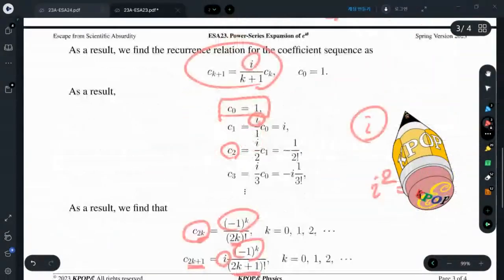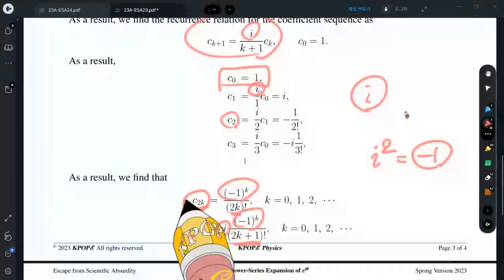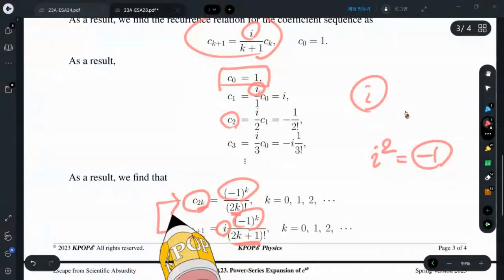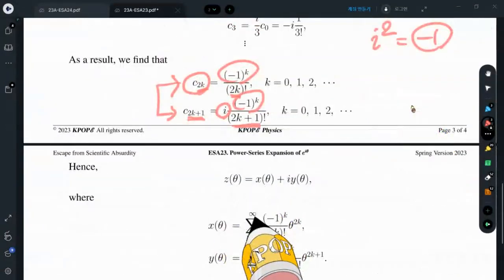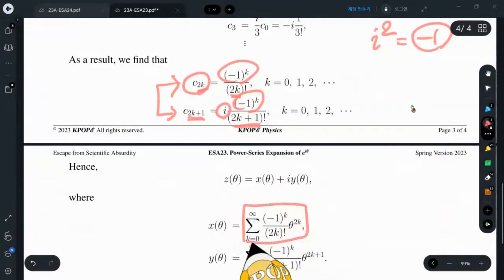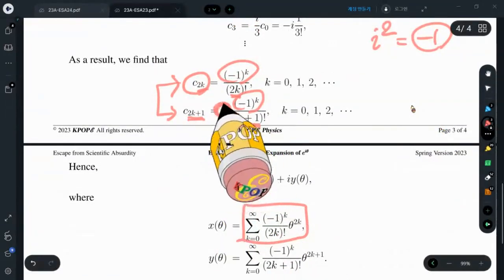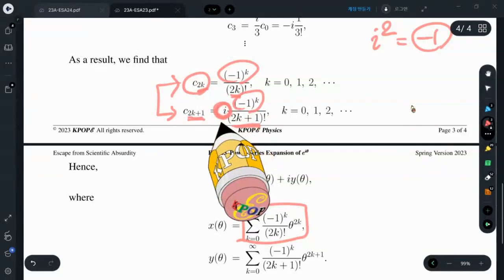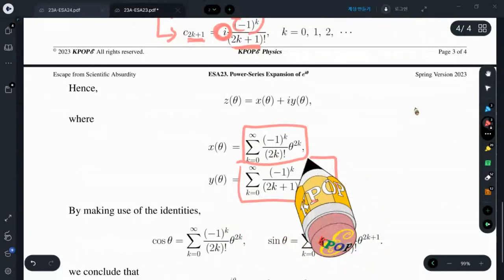As a result, I can separate the even part and odd part separately. And the even part has this kind of summation. And the odd part always has a pure imaginary number. That is this.